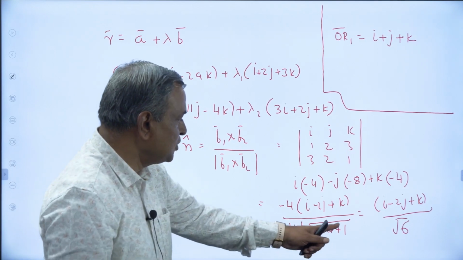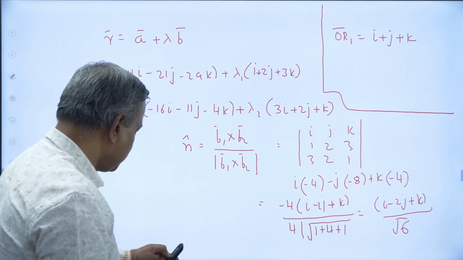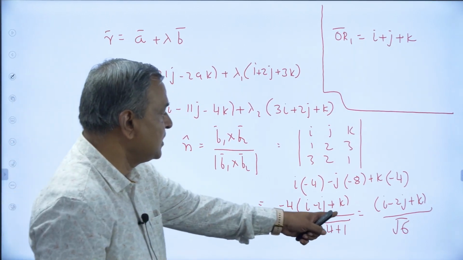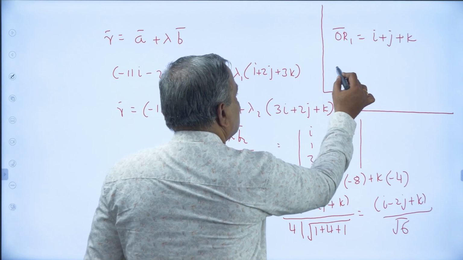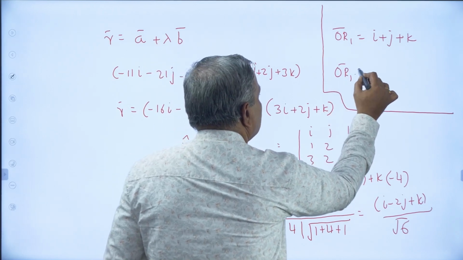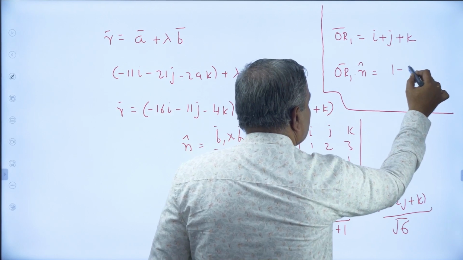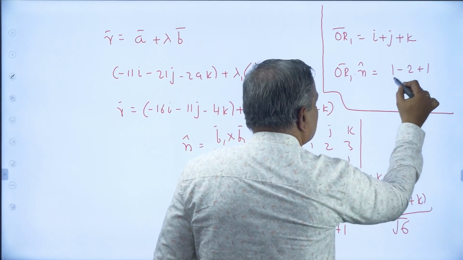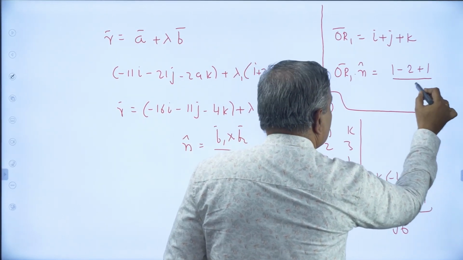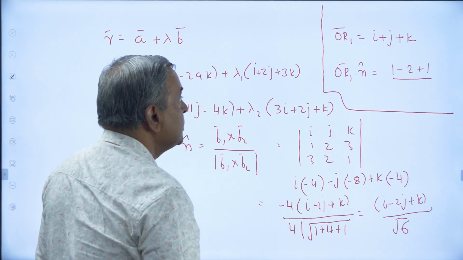So you have to take the dot product with n cap. They are asking the dot product with 1. OR1 dot n cap, what do we get as the dot product? This is 1 minus 2 plus 1 by root 6. Let me check if any mistake happened.